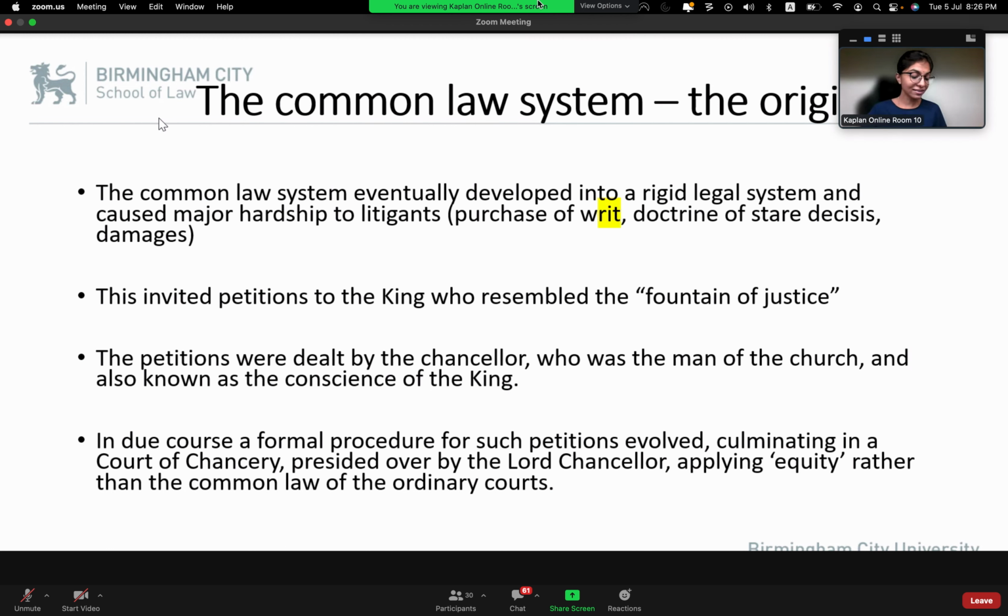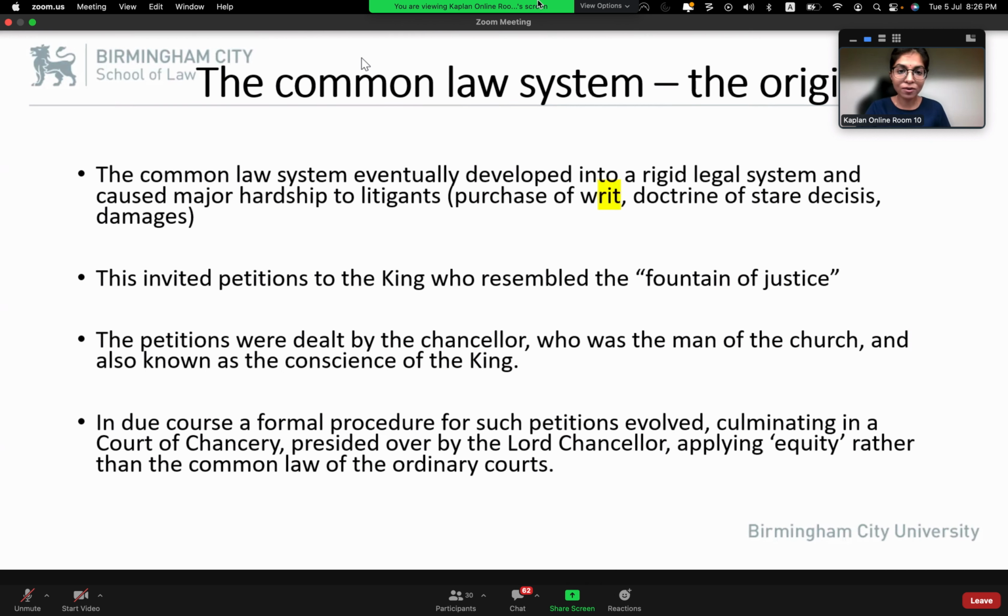Guys, hello again. Okay, let's now continue with the story, our so-called English history. Firstly, I stopped earlier, just before the break, when I spoke to you about how the Chancery Court was created to address the problems that we have with the common law system.